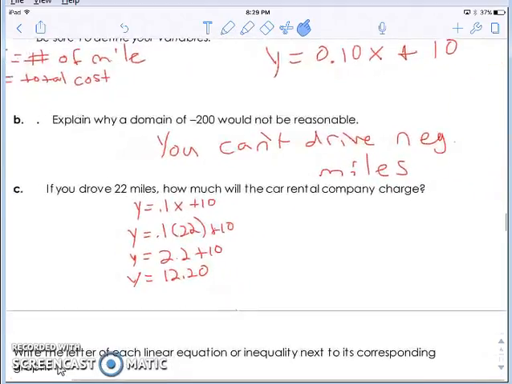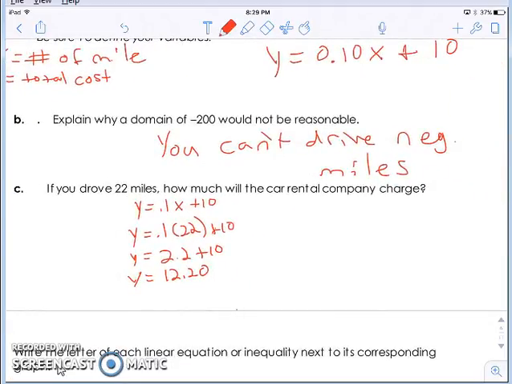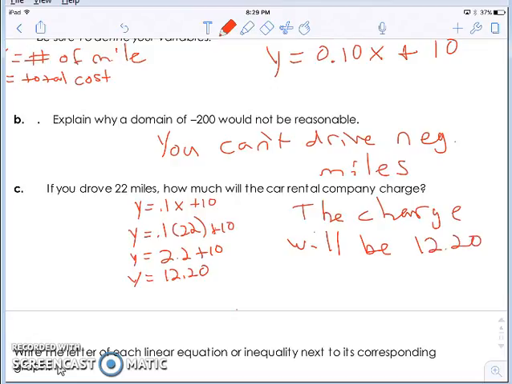And we could say the charge will be, or the cost will be, $12.20 for 22 miles. That's the word miles if you're having trouble reading it. I'm sure this will fix it perfectly.